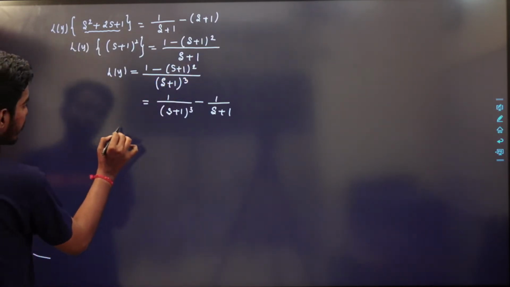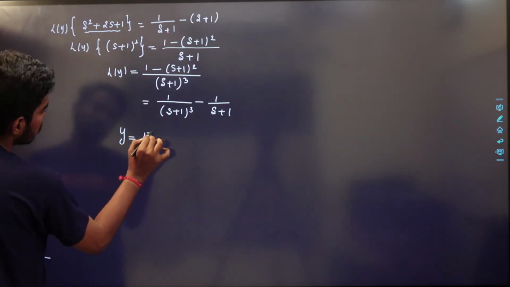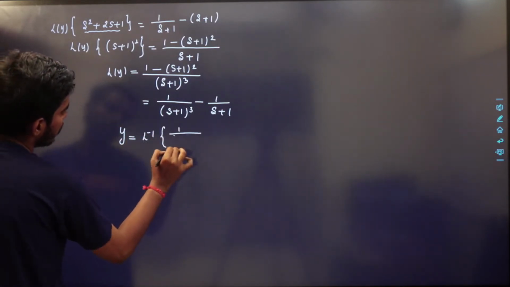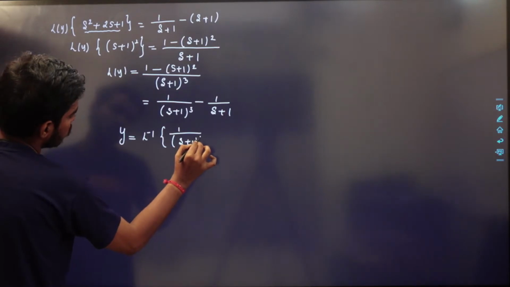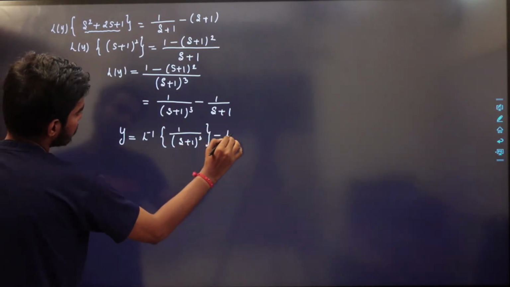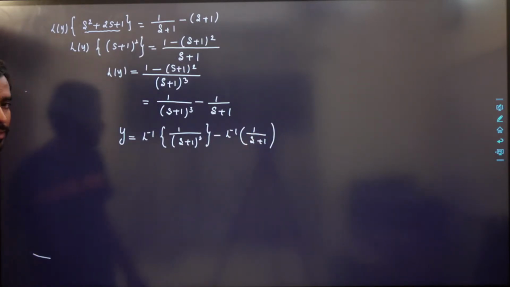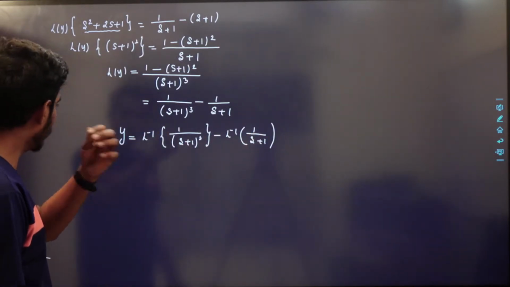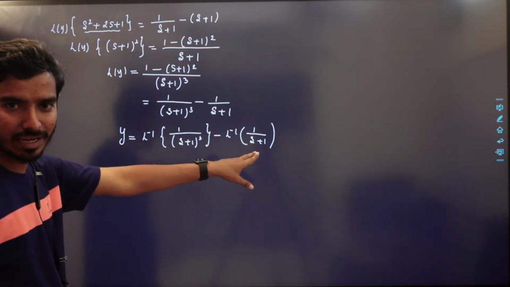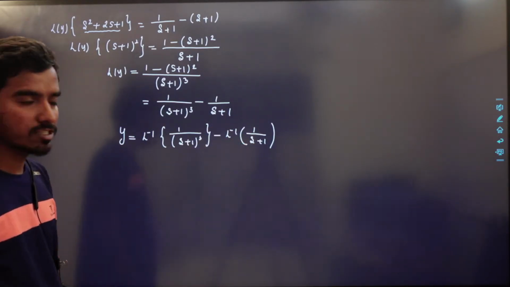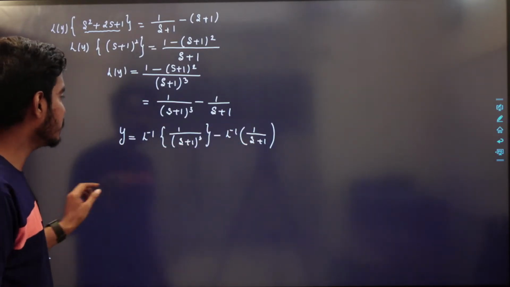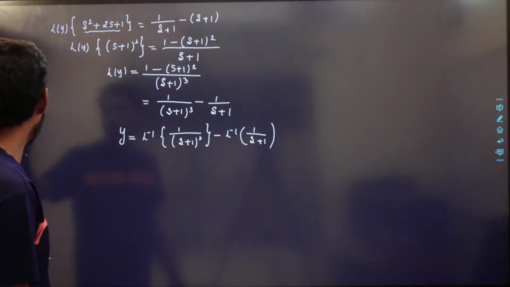Now y is equal to L inverse of 1 by s plus 1 whole cube minus L inverse of 1 by s plus 1. You don't need to do partial fractions. We already know both the formulas. L inverse of 1 by s plus 1 is e power minus t. Now what is L inverse of 1 by s plus 1 whole cube?